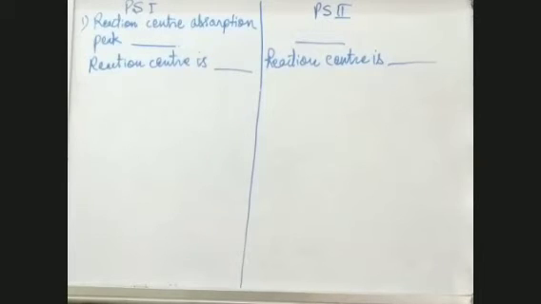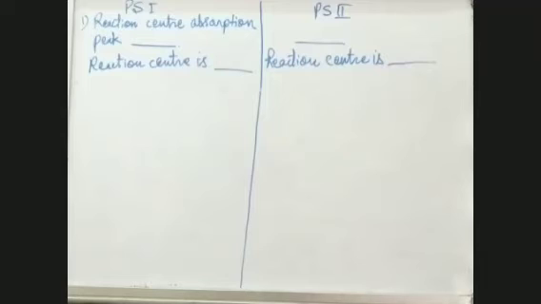The PS1 reaction center is, oh no. Chlorophyll A is the pigment which is present in the reaction center. I'm asking absorption peak, Yashika. One student is writing chlorophyll A, which is absolutely wrong. Yes, now you are right, Yashika.